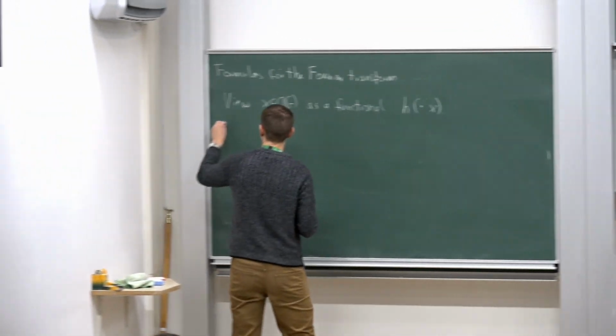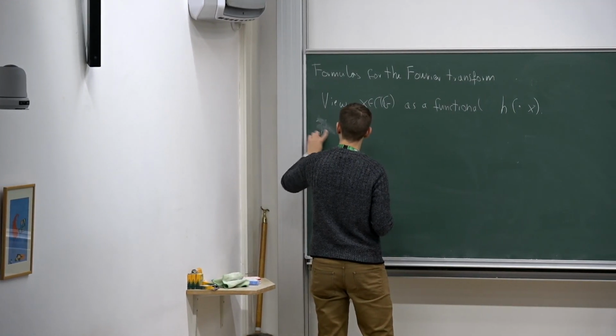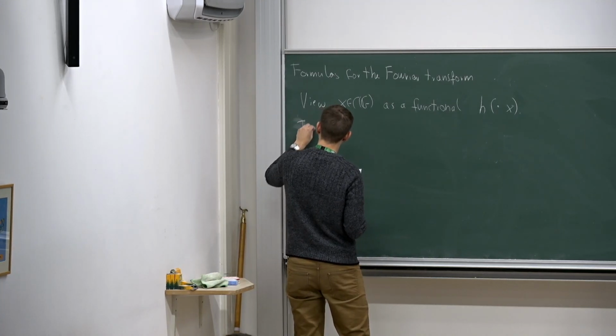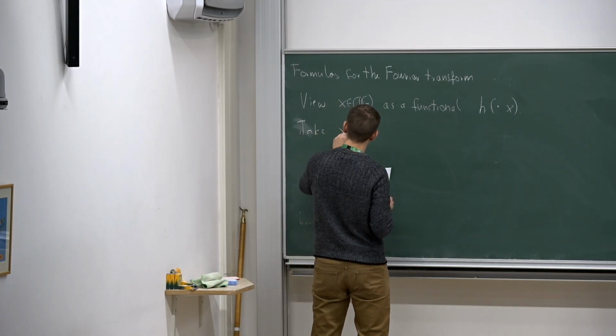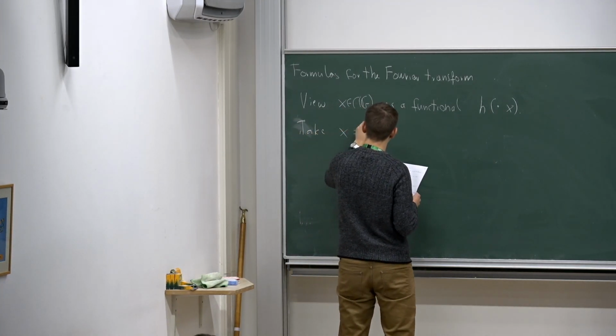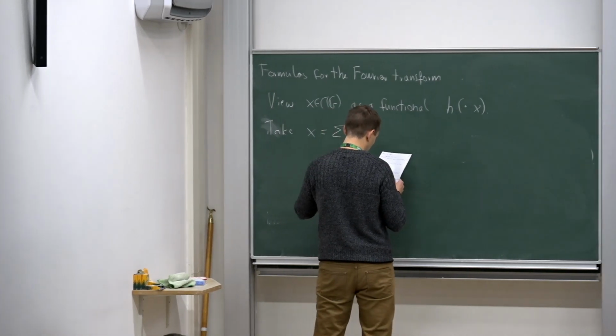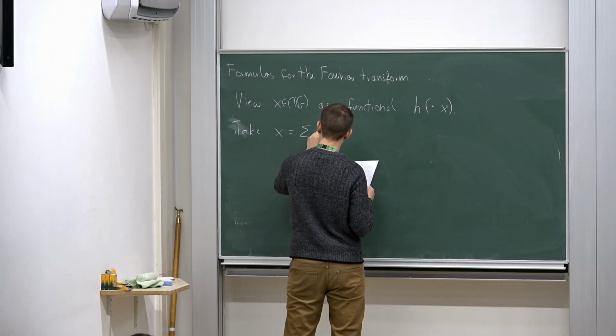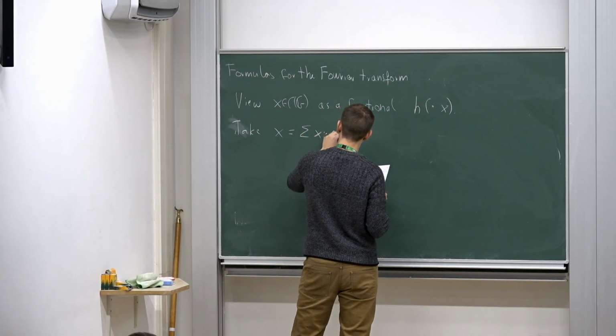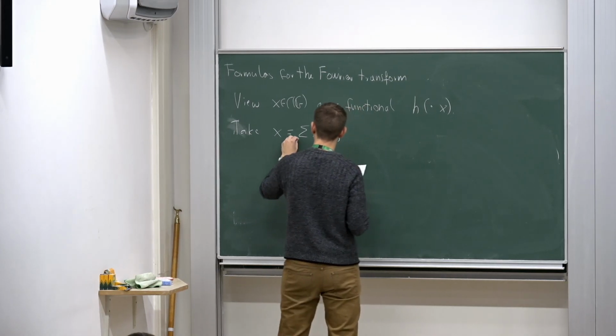Okay, and then, so now take something particular, so take x to be equal to some x_ij, e_ij alpha.